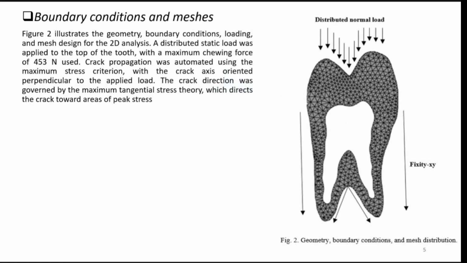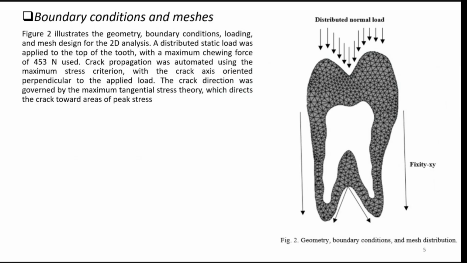Boundary conditions and meshes. The distributed normal load is applied to the top of the molar tooth with a maximum chewing force of 453 Newton. The crack propagation was automated using the maximum stress criterion, with the crack axis oriented perpendicular to the applied load.